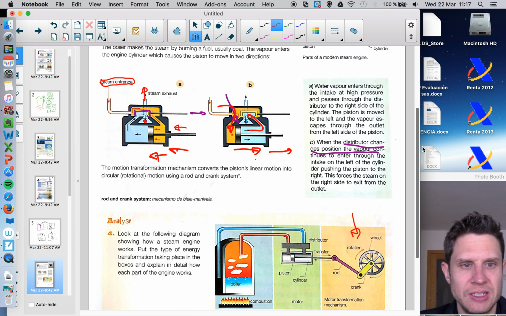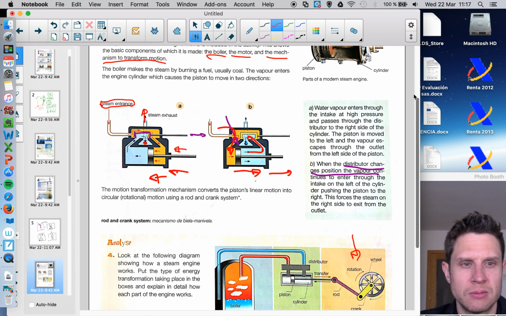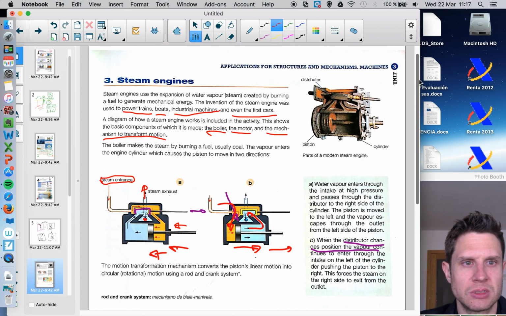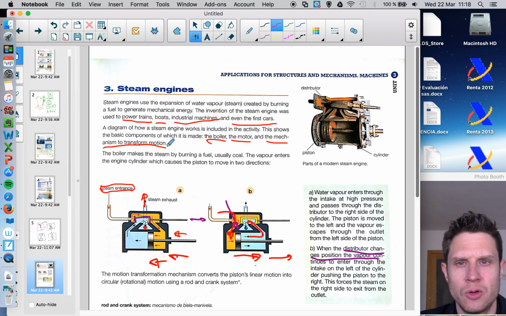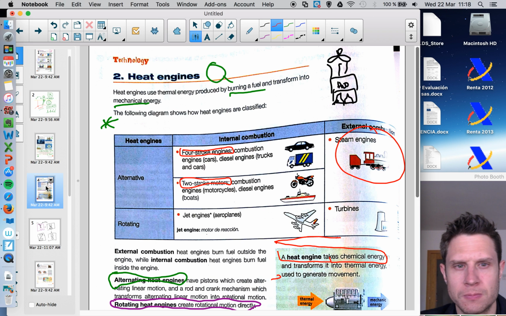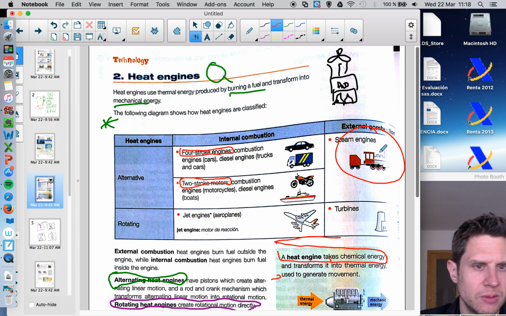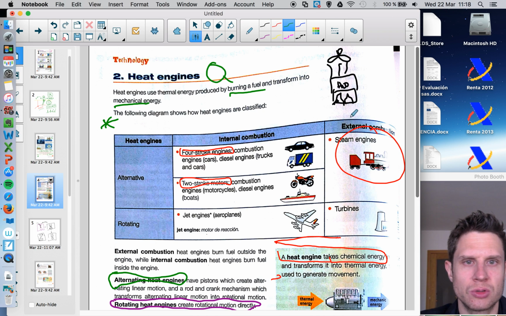So what we see here actually, we have two extremes. One is water vapor from the engine and the other one is from the coal.